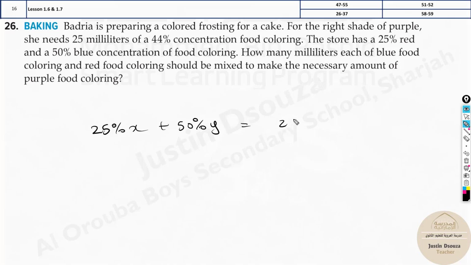You need 25 milliliters multiplied by what percentage? It should be 44%. Just multiply this, you'll get the answer. But there is one more thing. When you add X plus Y, what must the answer be? When you add it, you must get 25, right? They've clearly mentioned 25 milliliters.